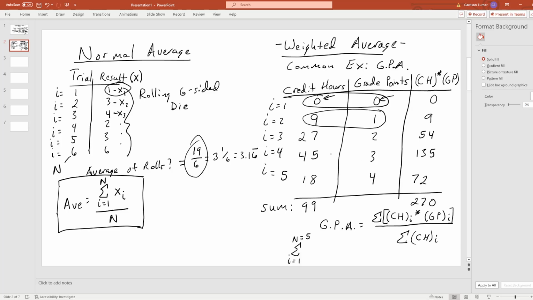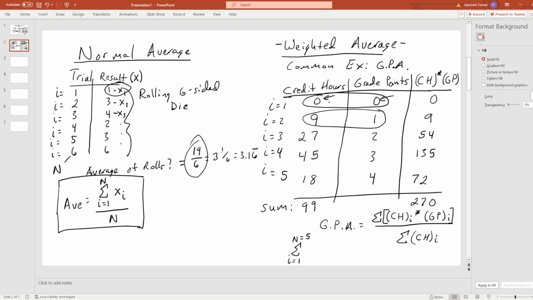I've earned 27 hours at the C level. So this would be like earning 9 classes with a C. But I have 45 hours at the B level. So this would be like 15 Bs, right?